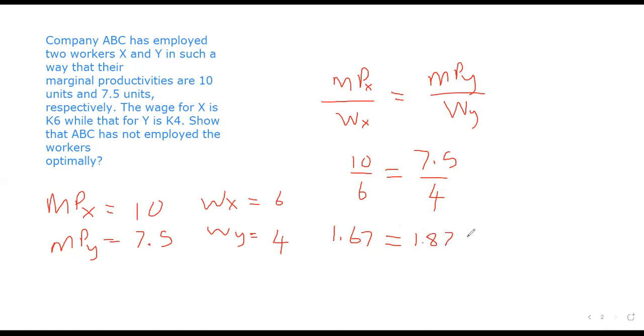Are they optimal? No. Optimally employed, they're supposed to be the same. So you need to understand the concepts surrounding the optimum bundle. I gave you this in the notes to understand where optimal bundles exist.